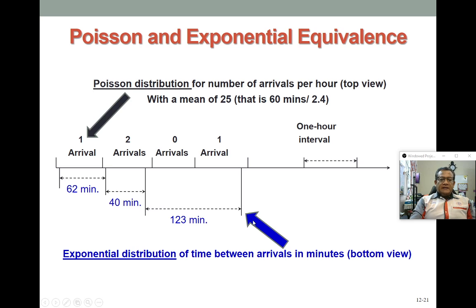So this is the difference: for Poisson, the timeline is divided equally, but for the exponential equivalence, inter-arrival times are measured between the arrival of the first customer to the second, third, and fourth customer. And this is measured by the exponential distribution approach.